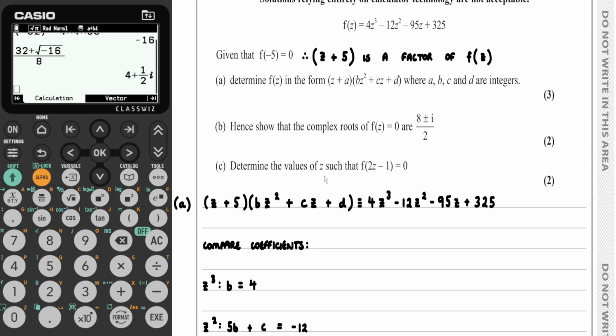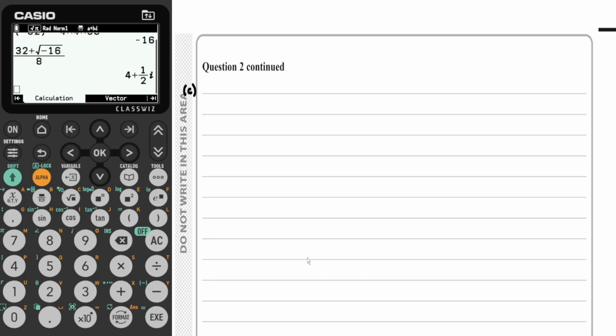Part C. Determine the values of z such that f of 2z subtract 1 equals 0. For part C, let us begin by letting w equal 2z subtract 1. And so, from the second part of the question, we know that f of w equals 0 has roots w equals negative 5 and 8 plus minus i over 2.